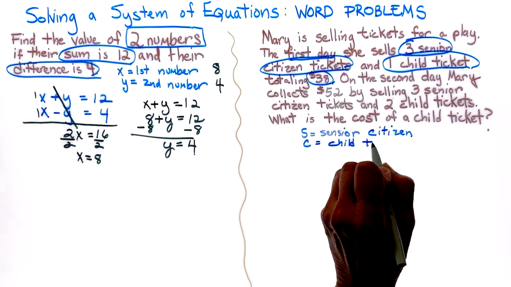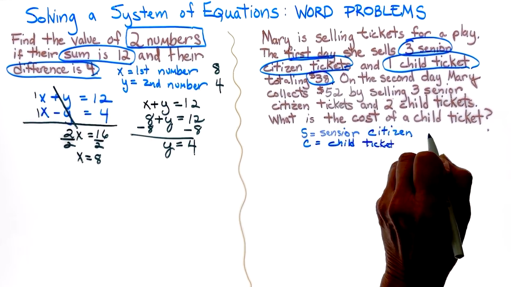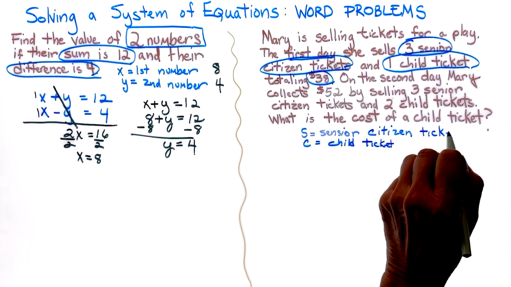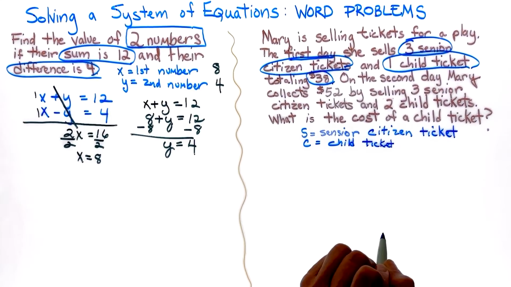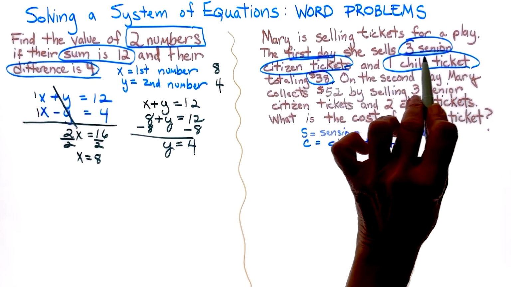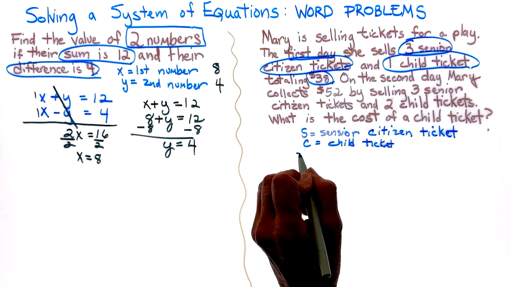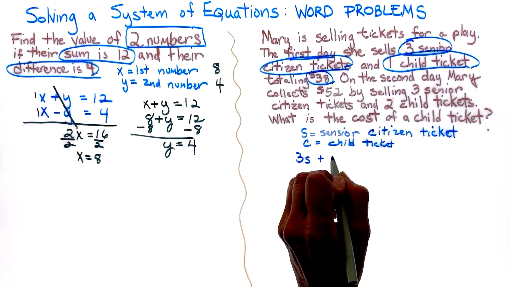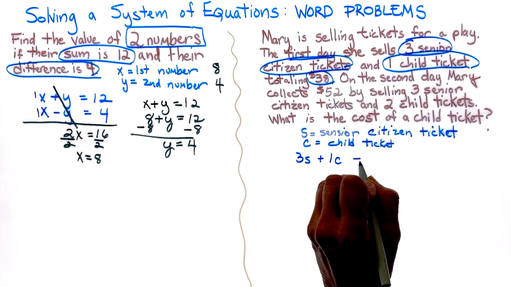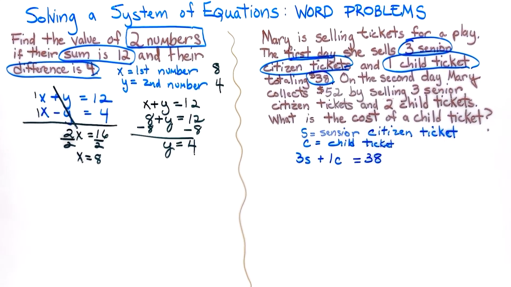And both of those are our tickets. Our first equation with what we circled, we have 3S plus 1C is equal to $38. We don't need to write our dollar sign.